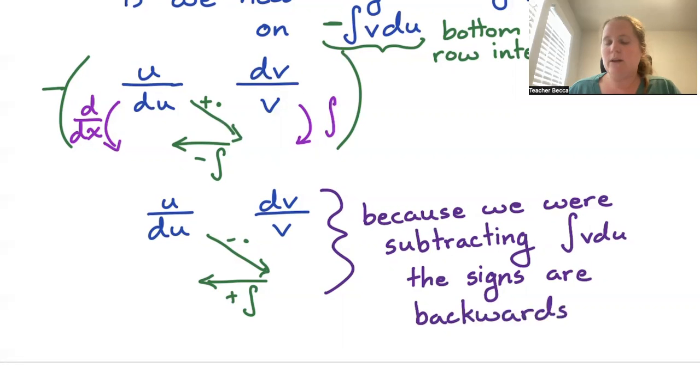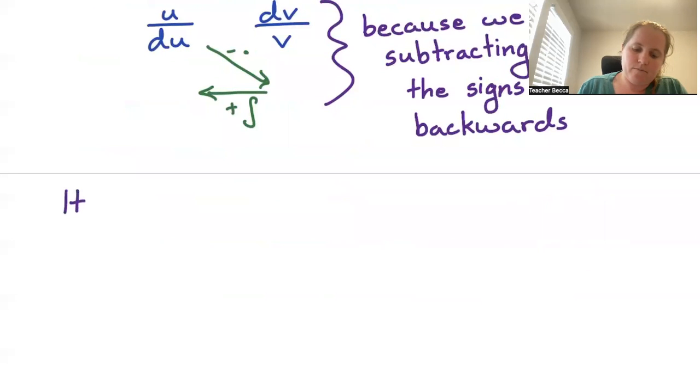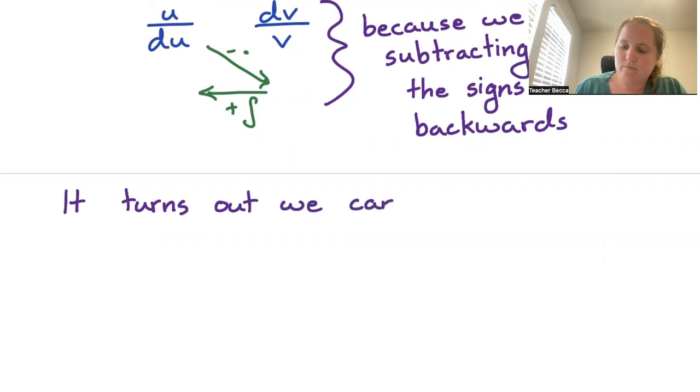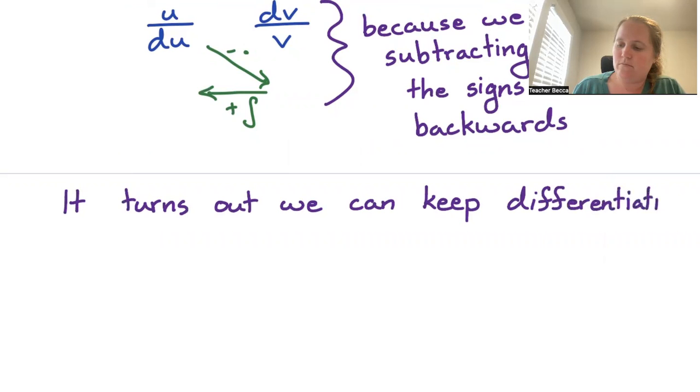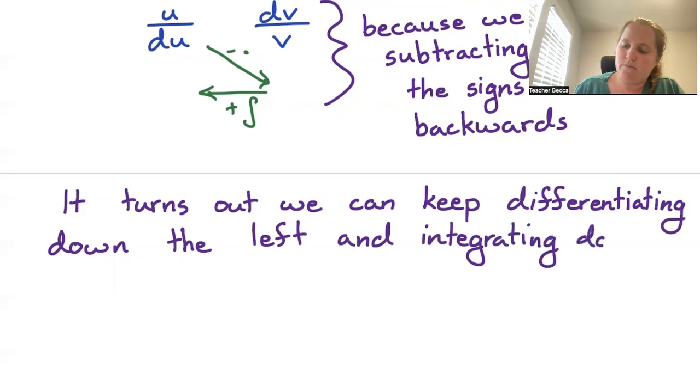So it turns out we can just keep differentiating down the left, keep integrating down the right, until we reach a desirable stopping point.